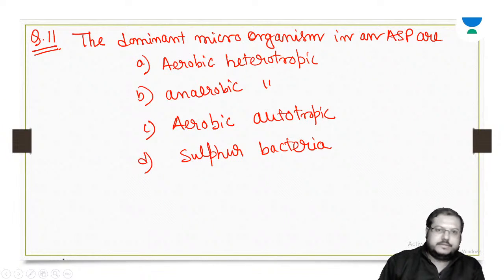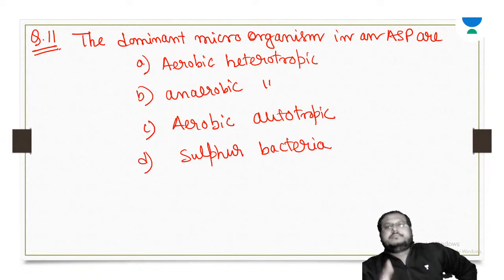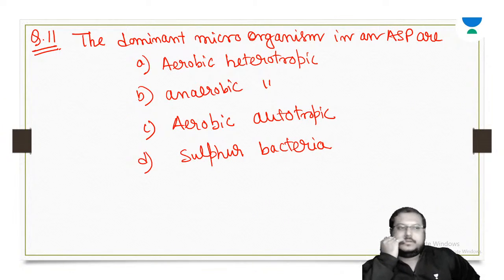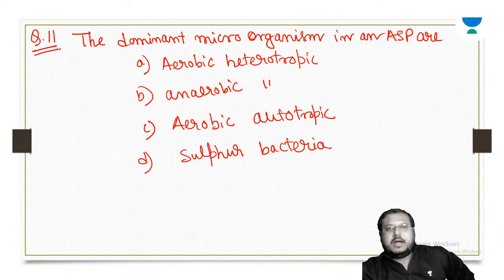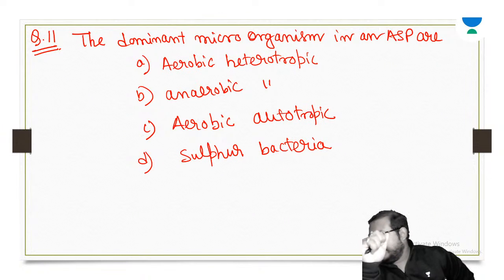Try to understand this. Activated sludge process is obviously an aerobic process. It's an aerobic suspended growth process. So A and C are there, B and D are rejected. Now for the type of microorganism, of course it has to be heterotrophic. Why?